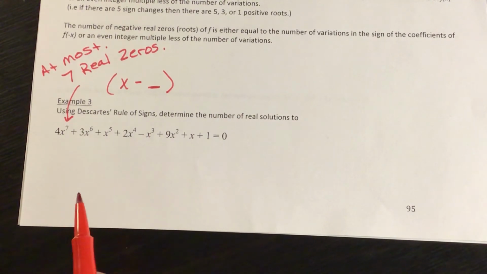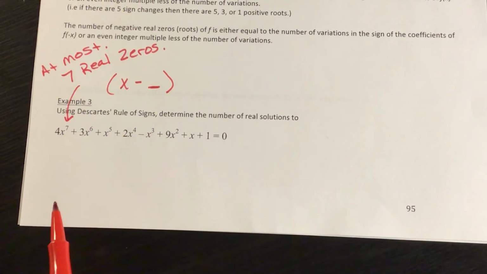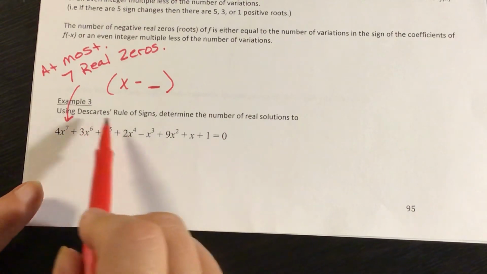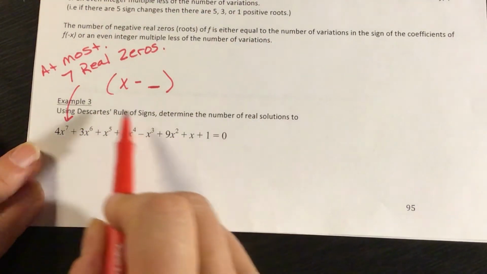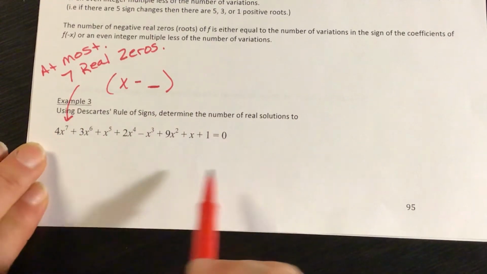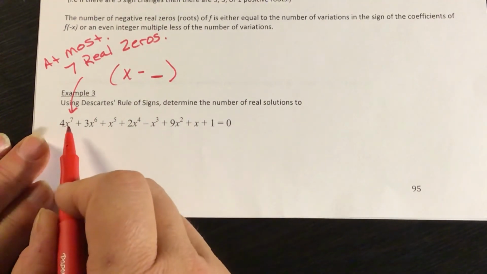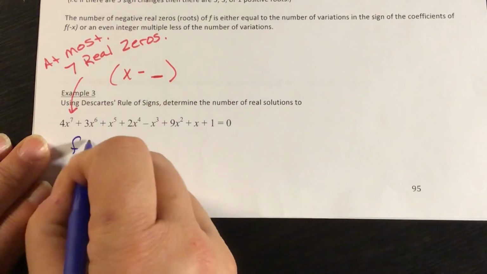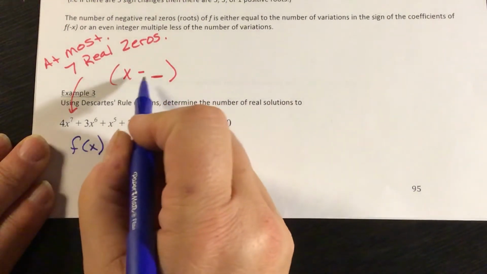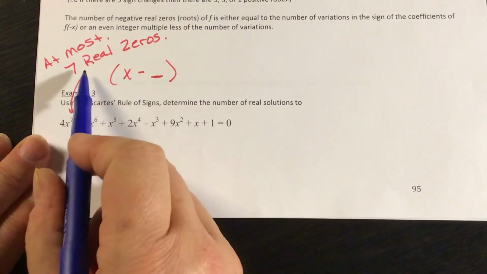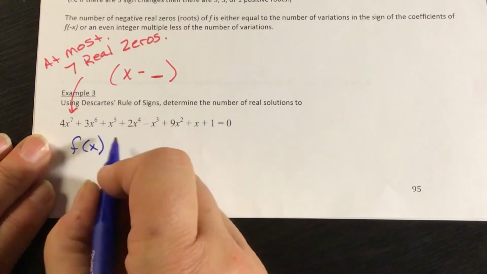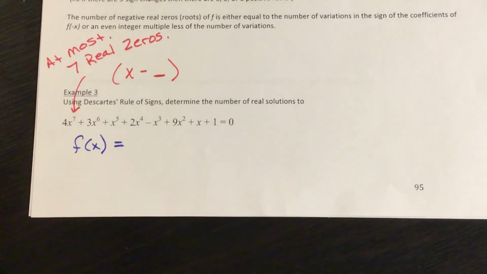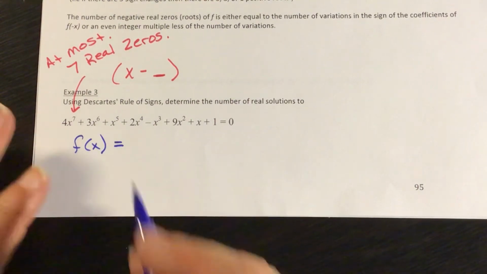So if I look at, again, this, I was getting ahead of myself. We're still doing the same thing up here. So if I'm just determining how many roots I can have, again, if I find f of x, I was getting ahead of myself here, but I can have up to 7 roots. I have some roots that are positive and some roots that are negative.